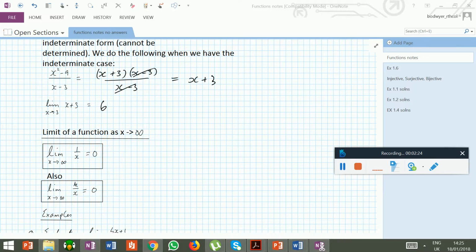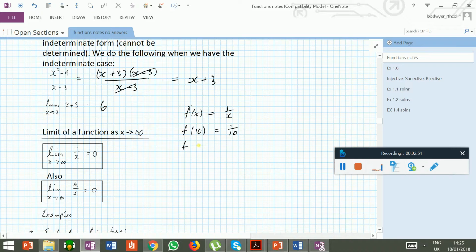Now let's look at the limit of a function 1 over x as x tends towards infinity. Okay, so f of x is 1 over x. Sorry, pen gone again. Okay, so let's think about it. f of x is equal to 1 over x. So let's say f of 10 is 1/10.